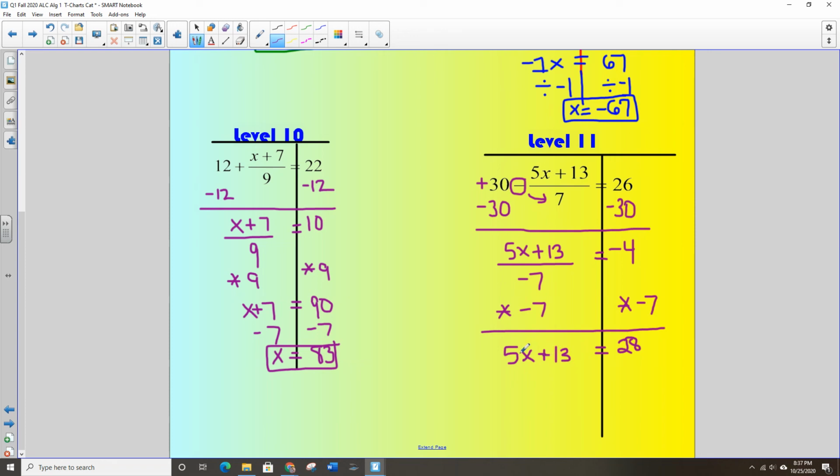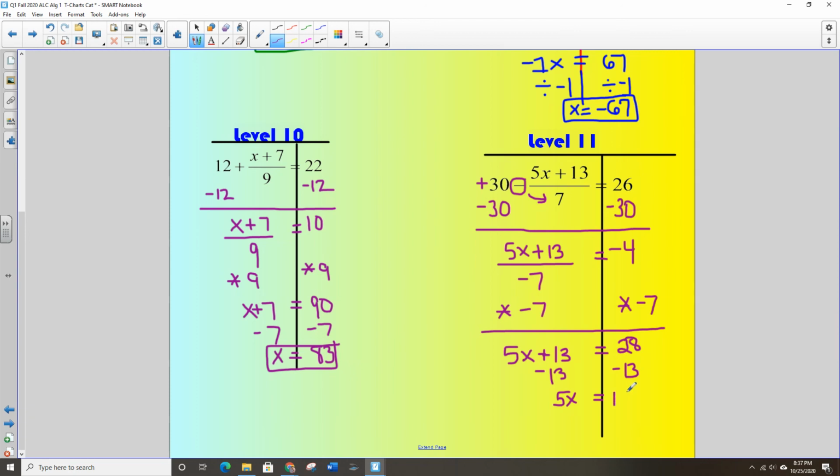So what are you going to undo next? The 5 that's all cozy with the x, the 5 times, or the plus 13? The correct answer is you're going to get rid of the 13. And how do you do it? Yep, you're going to subtract 13 from both sides. You're going to be left with 5x. Oh, this doesn't look pretty. 28 minus 13.